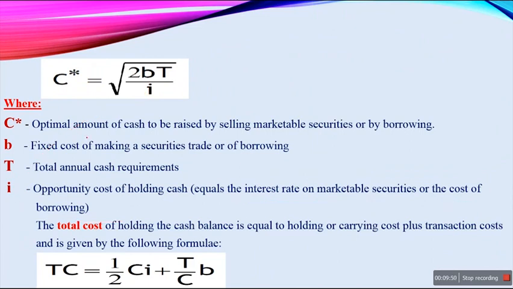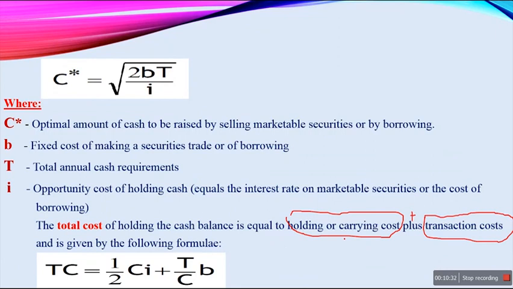You can also get the total cost, whereby the total cost is given by this formula here. Total cost equals a half CI plus T divided by C multiplied by B. The total cost of holding cash is equal to the holding or carrying costs, then you add the transaction costs.